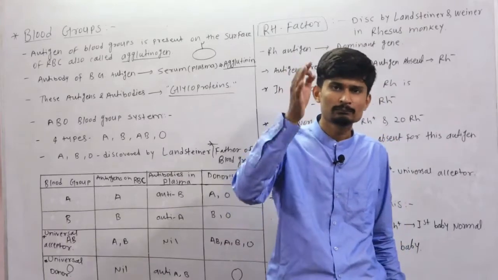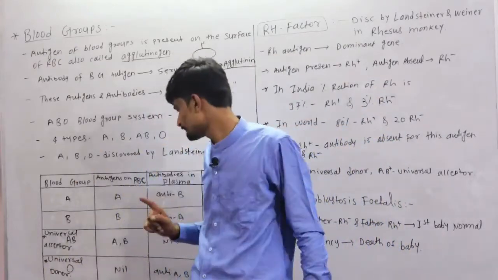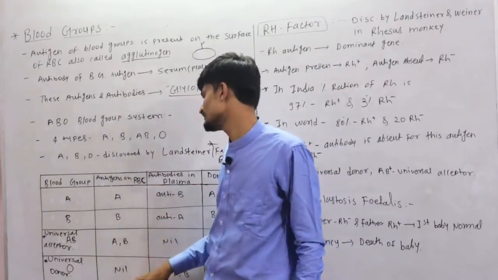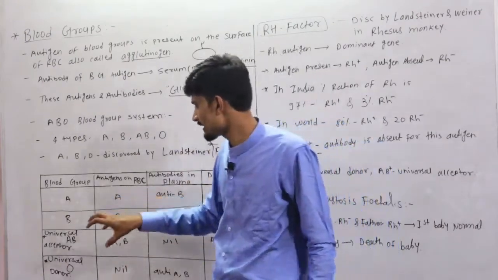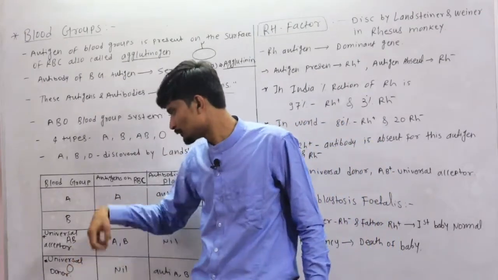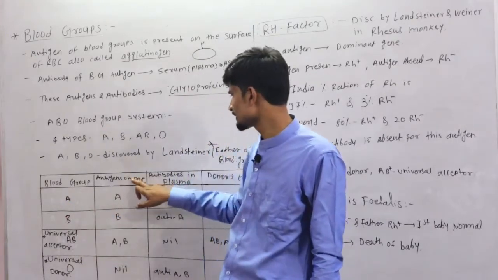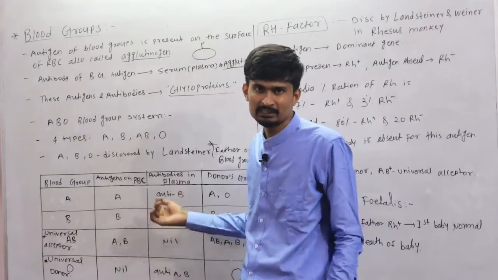Universal donor is blood group O. Now why is it a universal donor? Because it does not have antigen on the surface of RBC. So when the person who has blood group O donates blood to the AB, what will happen? No antigen. AB does not have the antibody, so it can easily accept.